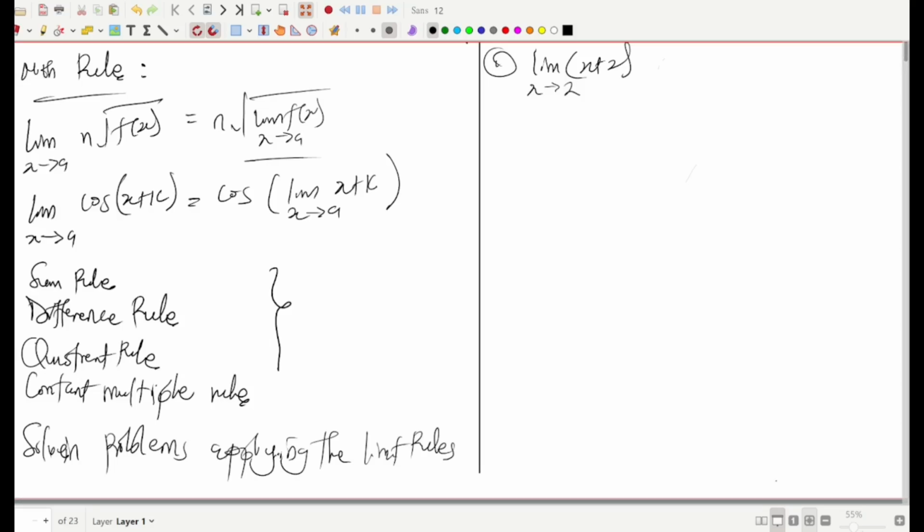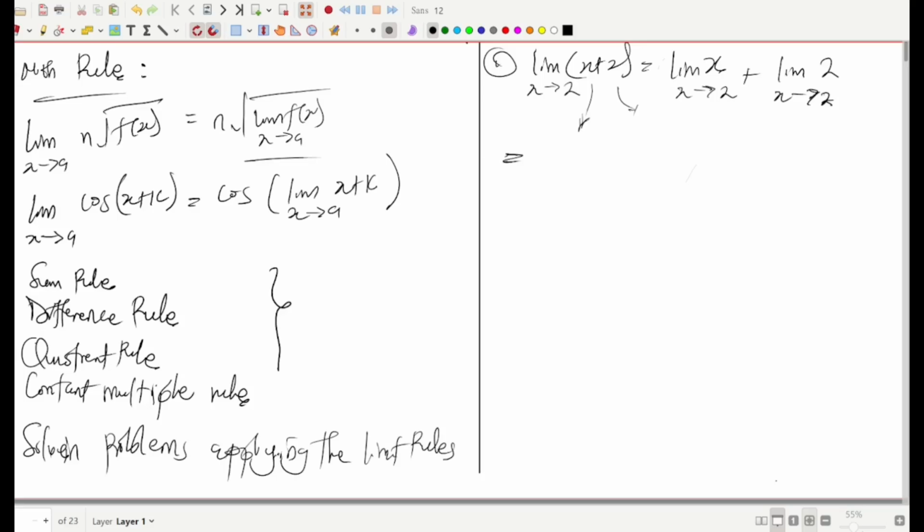Here we can apply the sum rule because we have two functions summing together: a linear function and a constant function. So this can be written as the limit of x as x approaches 2 plus the limit of 2 as x approaches 2.